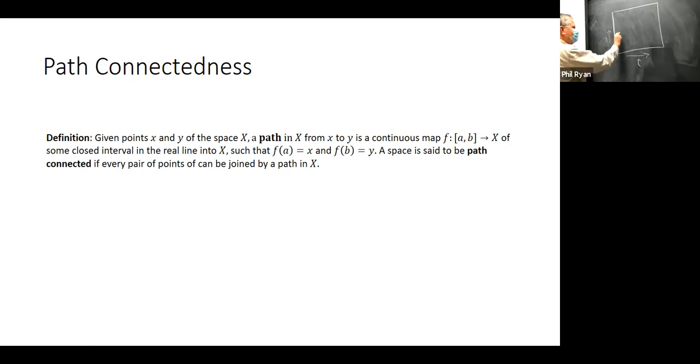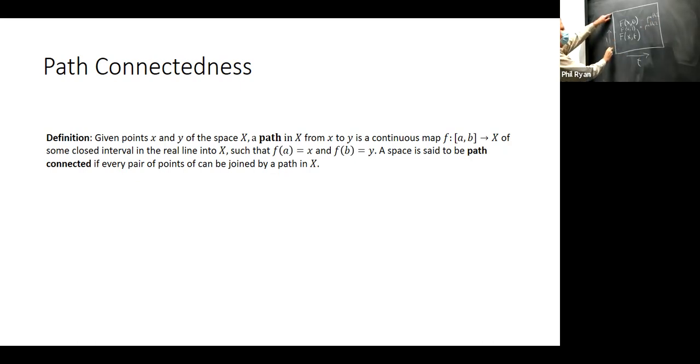Then we want F of x and t to be some continuous function such that F of x at 0 is path 1, and F of x at 1 is path 2.